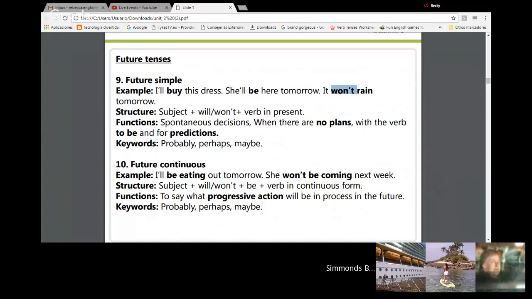What about she's going to be here tomorrow? She's going to be here. That means that either you are planning on her being there or she is planning on being there. Which tense is that? Probably this is a prediction in this case.